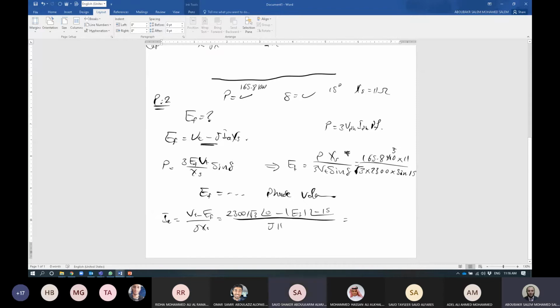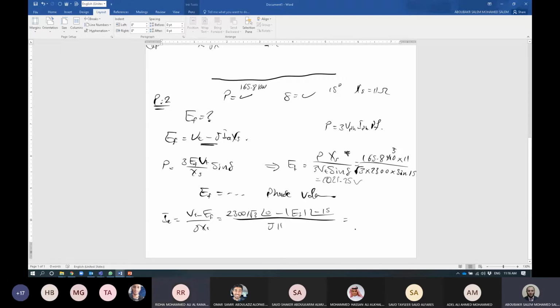Let's get it together. EF equals 1021.25 volt. Nice. So when substituting here, what will be the value of the current?